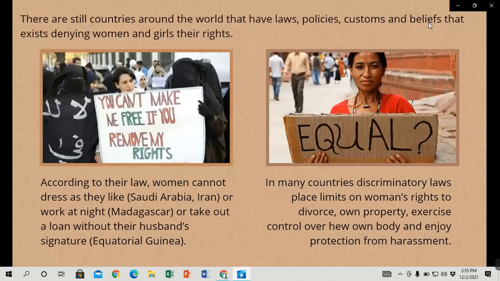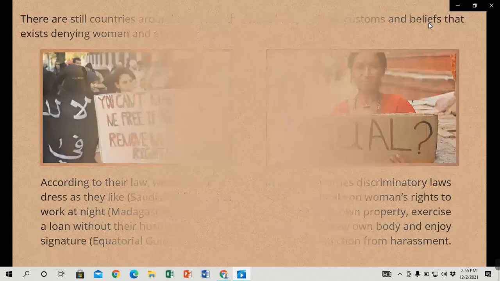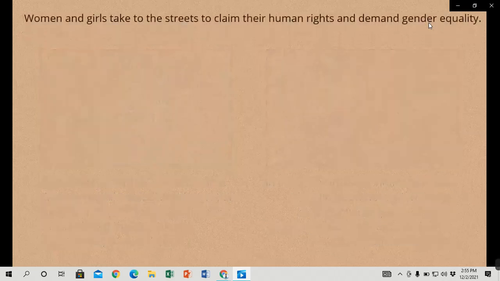There is still a limit to it, especially as passed by their laws. And women and children take to the streets to claim their human rights and demand gender equality.